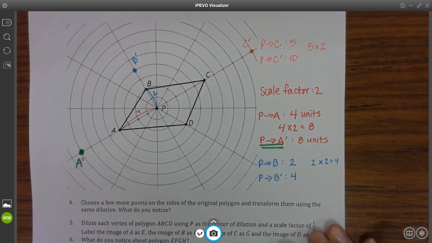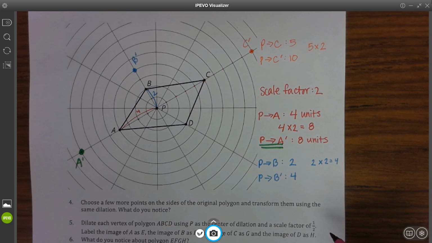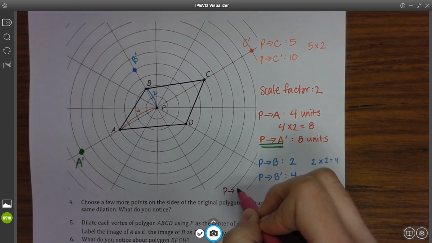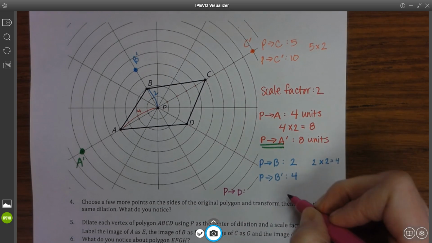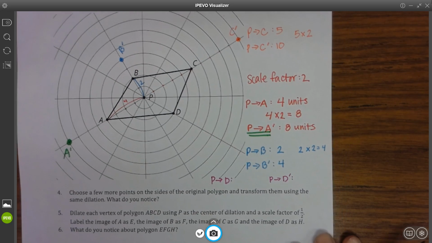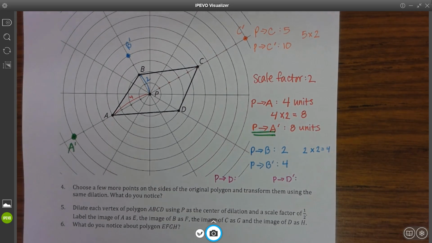I want you to try D by yourself. Kind of running out of room on the side here, so we'll write it down below. Okay, so you try D.